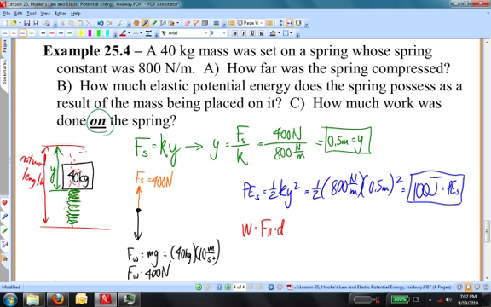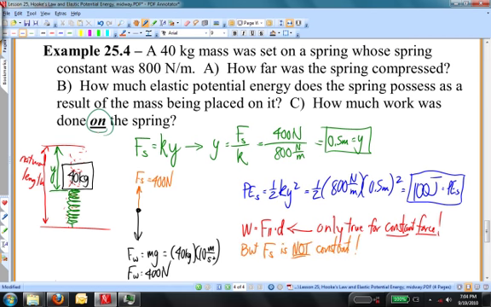If I compress the spring more, there's more force being exerted. So that force is increasing as I compress the thing more and more. This formula is true only when the force is constant. The spring force isn't constant, so I can't use this work formula.